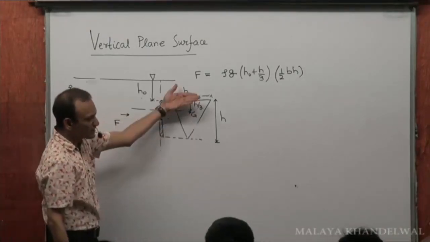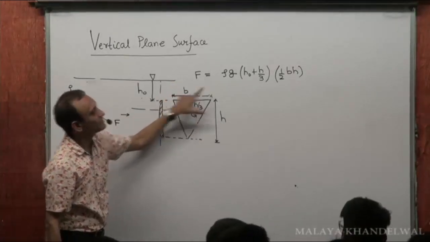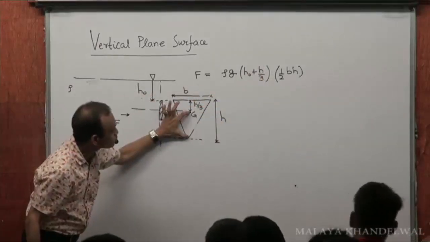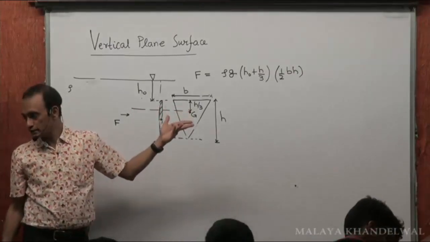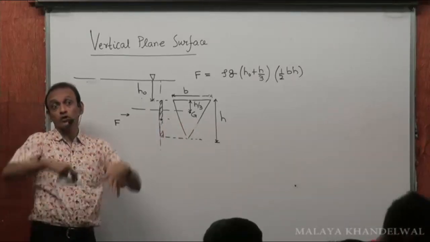If it was inverted, then this would have become h naught plus 2h by 3, because this length is going to be 2h by 3. If you invert it, that is what you will get. So far so good.